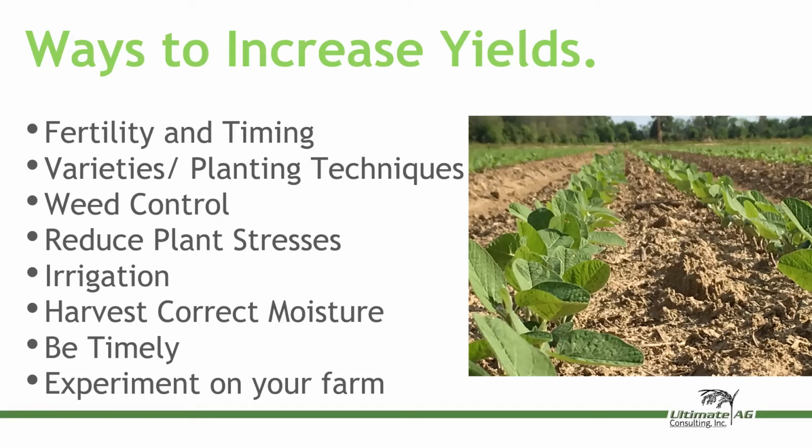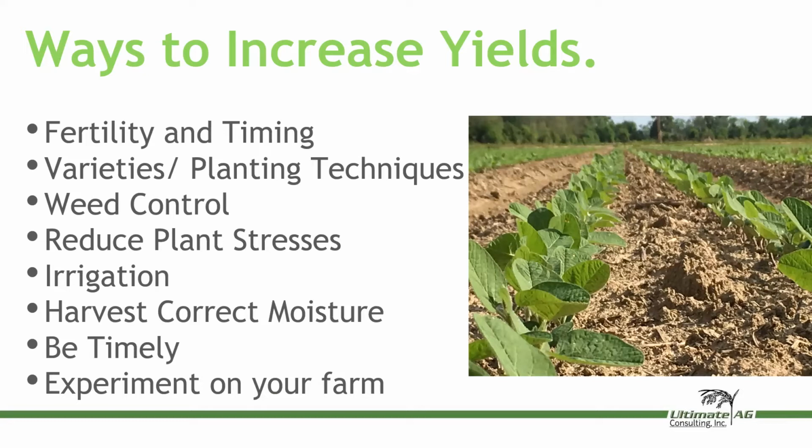Some key ways to increase soybean yields that I feel are very important is fertility and timing. Look at your varieties that you're planting. Make sure they match where you're planting them at. Soil types, drainage types, climate types. Look at your planting techniques, whether you're planting a single row configuration, a twin row configuration, or where some people are still drilling beans and things like that. And then, ultimately, we know that weed control and we've got to reduce the stress.